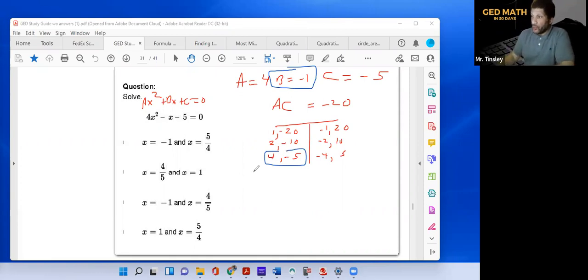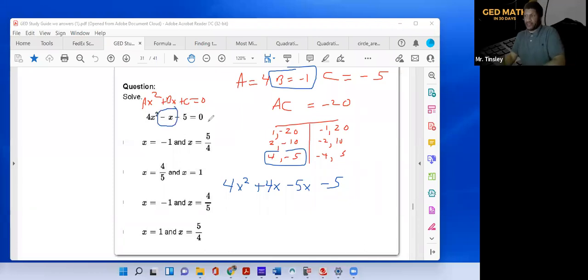So now I got to combine these two to be -x. So 4x squared plus 4x minus 5x minus 5. If you notice, I took this 4 and this 5 to combine to get -1x, because 4x minus 5x is -1. And then I have to factor them. Look how much work this problem is.